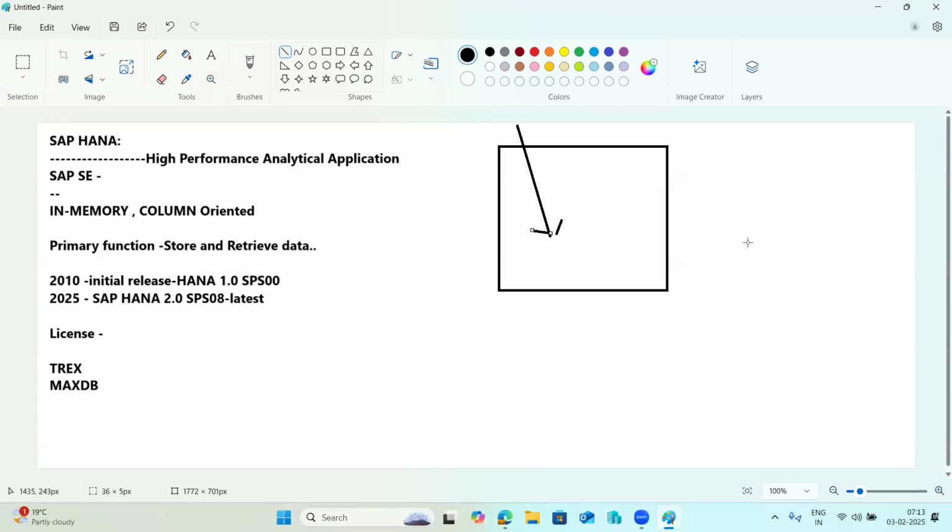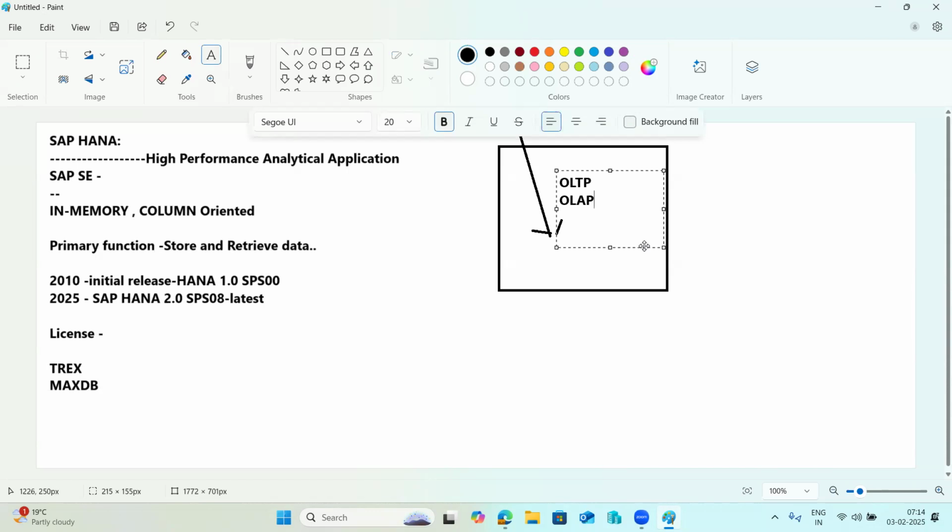But in the HANA database, both OLTP and OLAP are possible.